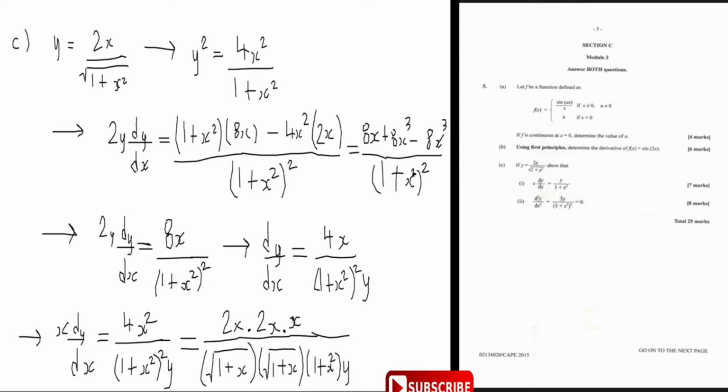Wait, my apologies, 4x squared is 2x times 2x. Now what am I saying now?